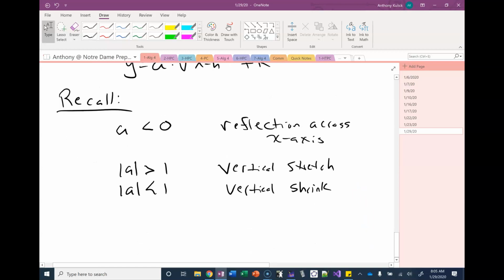Do you remember what the H's do? What type of transformation the H's do? Not up and down, but they are in charge of a translation. Yeah, they are in charge of moving things left and right.